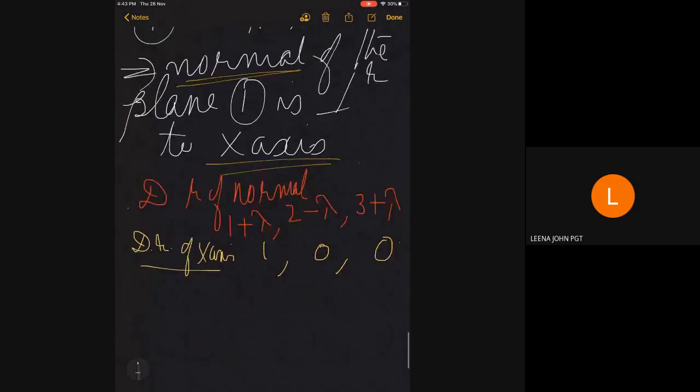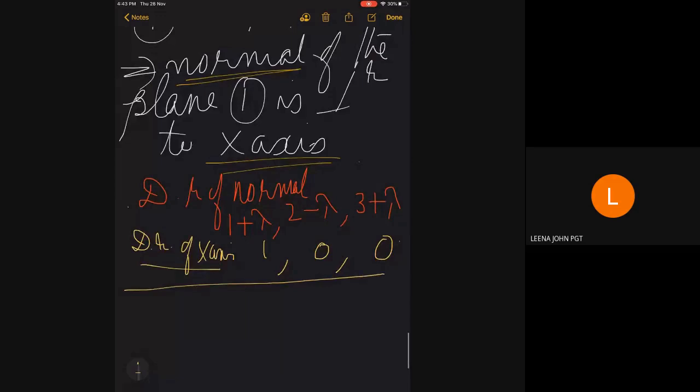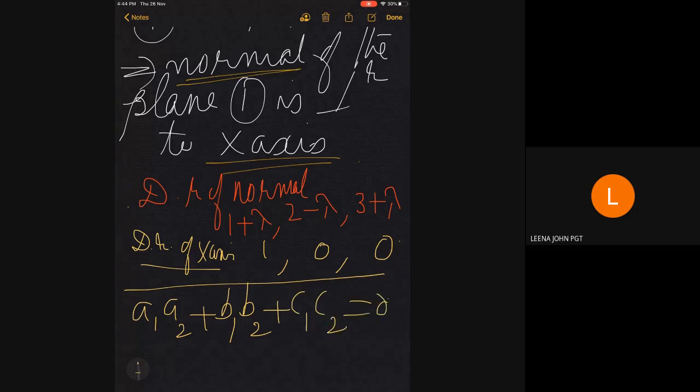Since the normal is perpendicular to the x-axis, we can apply the formula A1 A2 plus B1 B2 plus C1 C2 is equal to 0. These are A1, B1, C1, and this is A2, B2, C2.